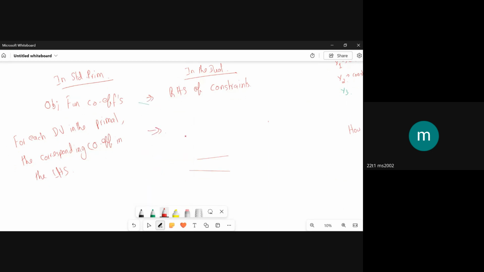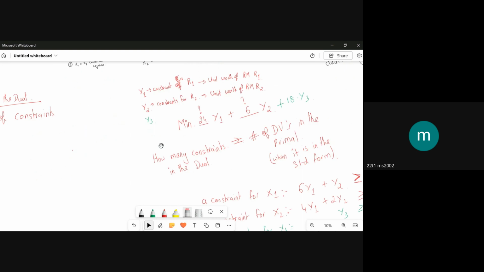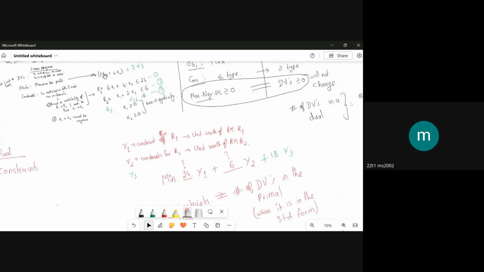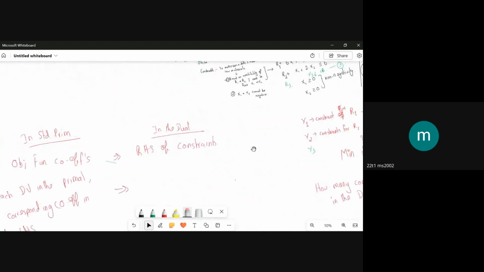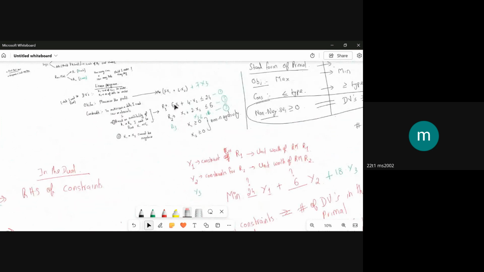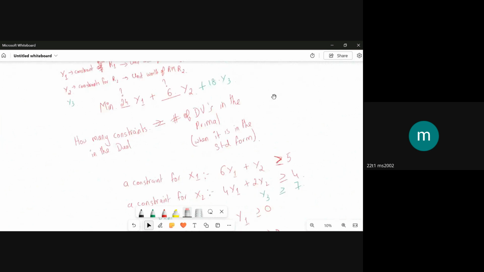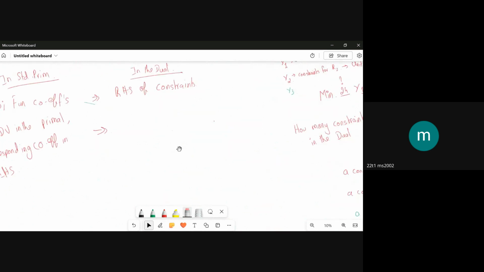I'm talking about 6 and 4. 6 and 4 would become the coefficient of the corresponding variable. So the left side should be the RHS of the corresponding dual variable.